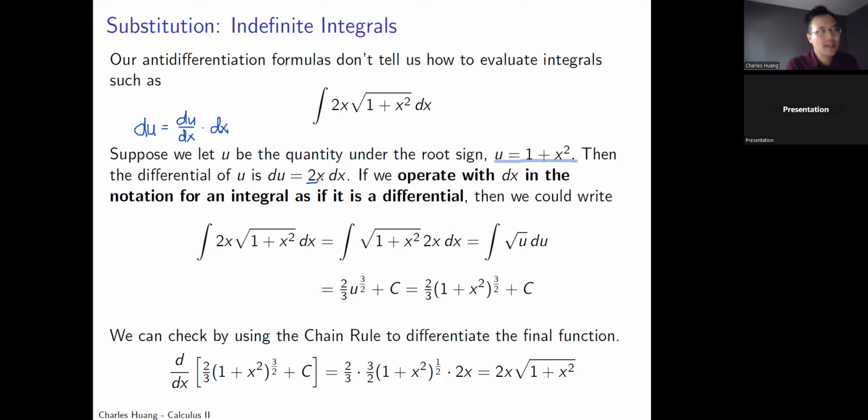I'll put the 2x in here because that's where the derivative goes, right? And that gives me the differential. So that tells me the little bit in rise is really the 2x multiplied by however much run we got.